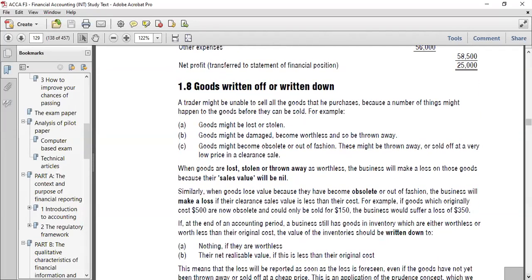Now, you could have cases where some part of the inventory is written off. And why do we write off some inventory? We may write off some inventory maybe because it was lost or stolen, or it was damaged maybe through fire and it becomes worthless. And then it can also become obsolete. By obsolete we mean out of fashion.